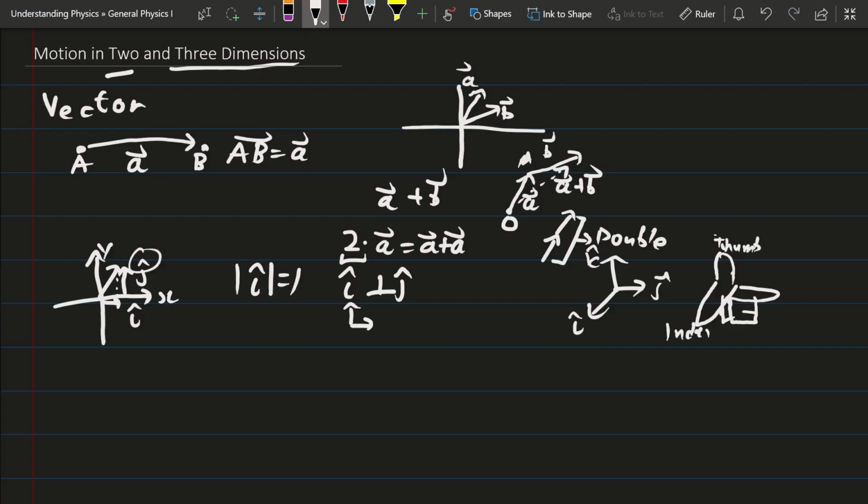index, and the middle. And this is the way for you to define a coordinate system in a three-dimensional case. And you would also notice that each of these are perpendicular with each other.